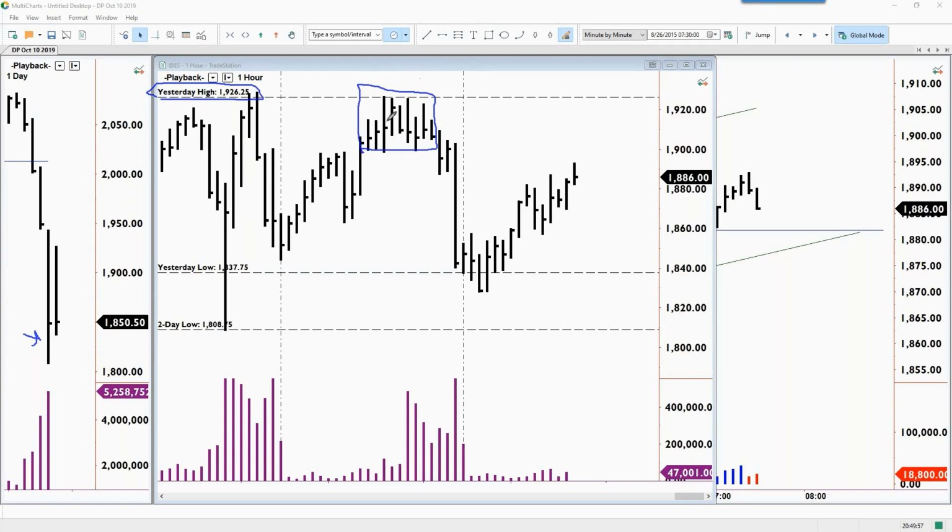It's not going through. There's no follow through. Every time it comes up, it closes down. Comes up, closes down. There's only one price bar that closes firm, and it can't sustain itself. And it's happening at yesterday's high. Short this in here, anywhere in here. That's what that's telling you.